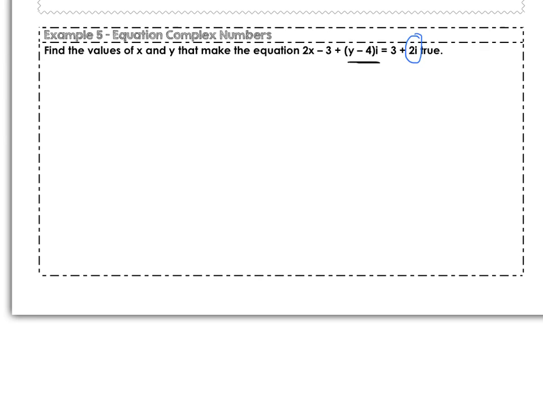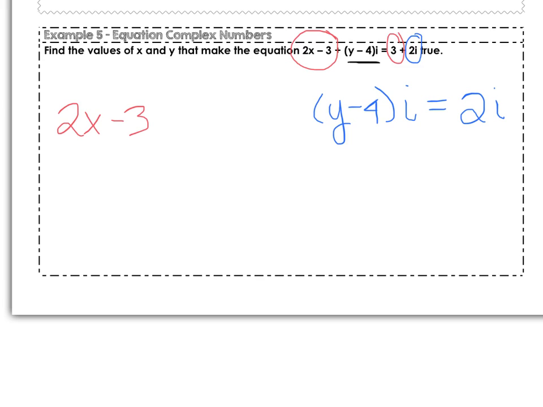That's why I know that quantity y minus 4i is going to be equal to our quantity of 2i. Just like the real portion, the parts that are not attached to an i, must be equal to the 3. So now I have both of these quantities set up to equal what their parts are going to be, and I'm just going to solve.